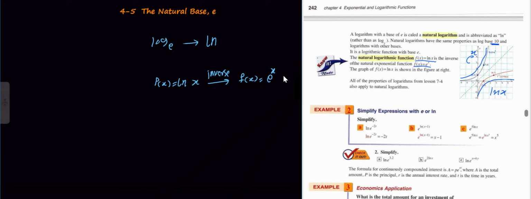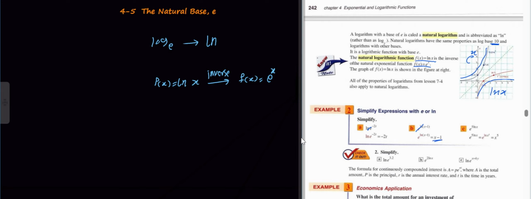So let's solve example 2, and we have some extra examples as well. For example, here we have ln of e to the power negative 2t. These two will cancel, and negative 2t is the remaining one. And here we have e to the power ln of x minus 1. When e and ln face each other, they cancel each other, so x minus 1 is remaining.